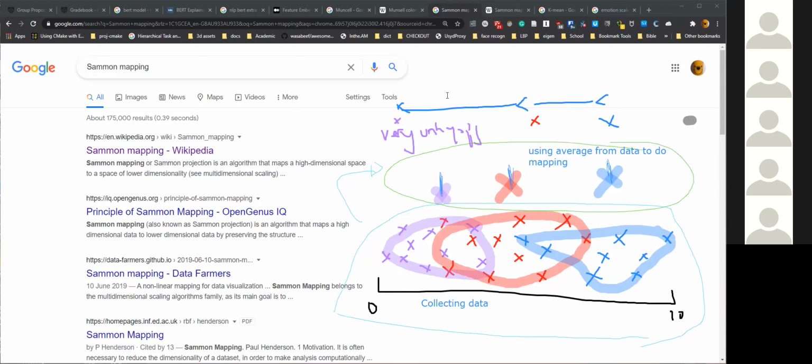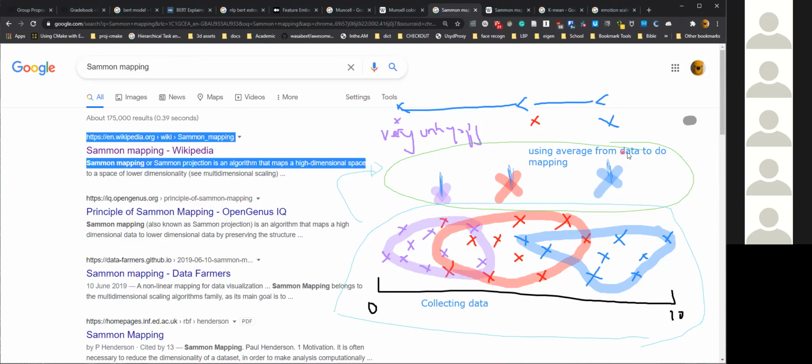So I think the part that you don't understand is that he was just referring to the collection part, but what you're working on is the using the average part.